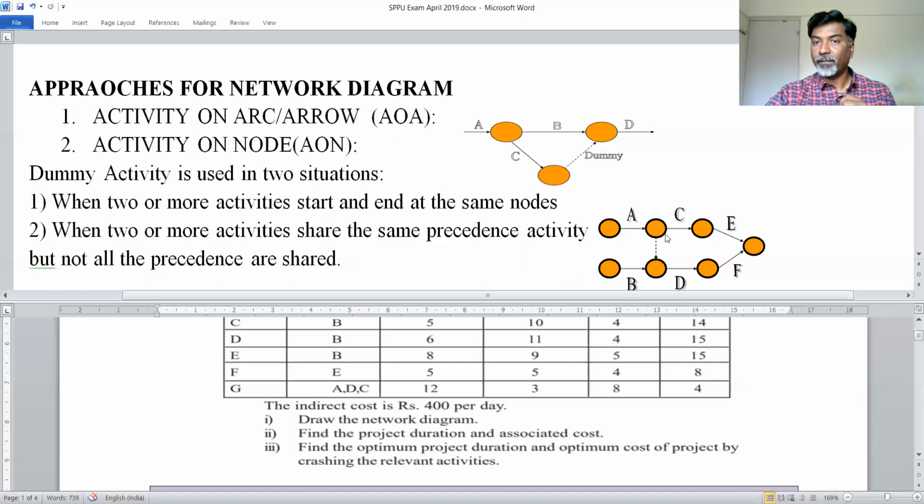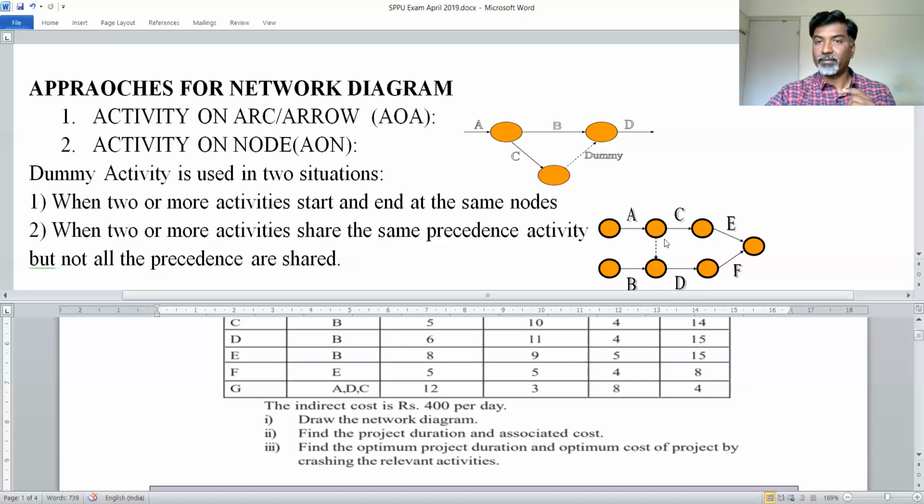So indirectly, at this node only one predecessor is there, that is A, and that A is followed over here. So D has two predecessors, B and A.